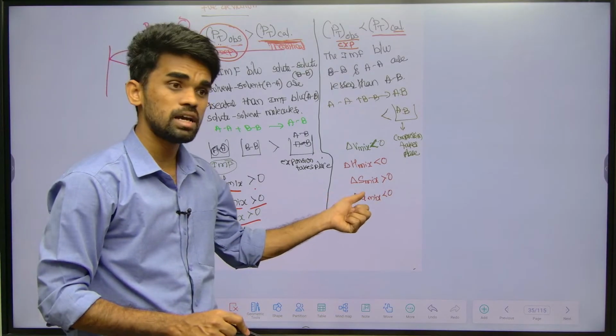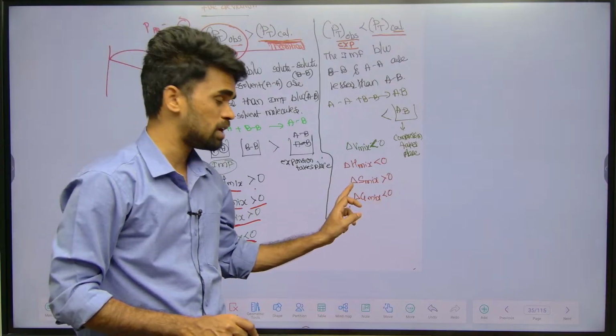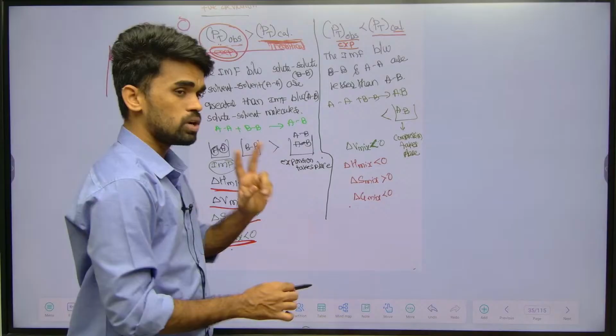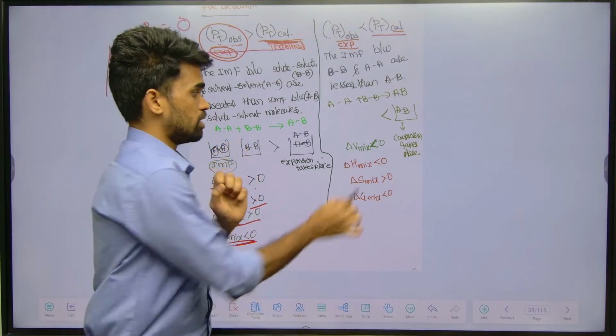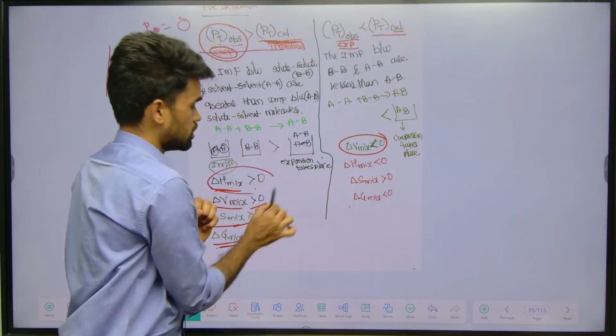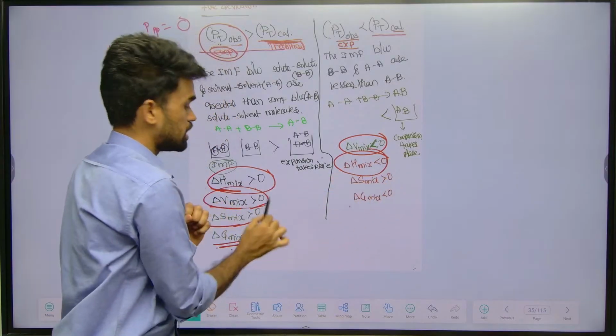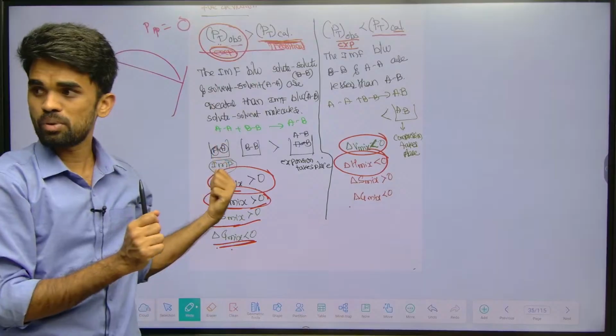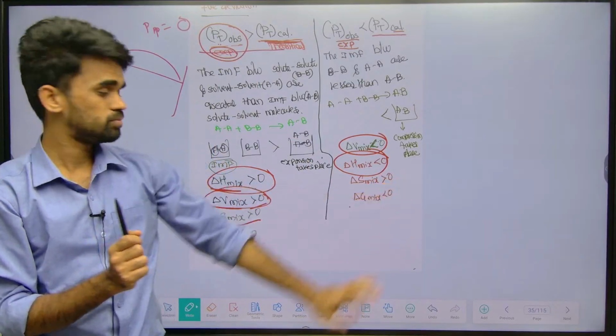Delta S should always be positive for any mixing, ideal or non-ideal. Okay, so only two things you will be seeing, V mix and H mix. What are the things you are seeing different? There it will be 0, here it will be positive, here it will be negative.